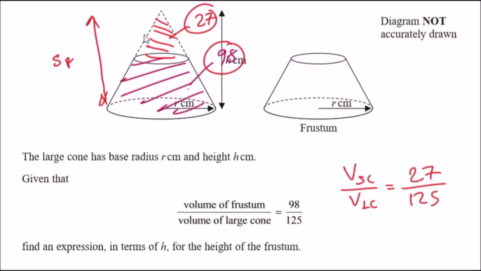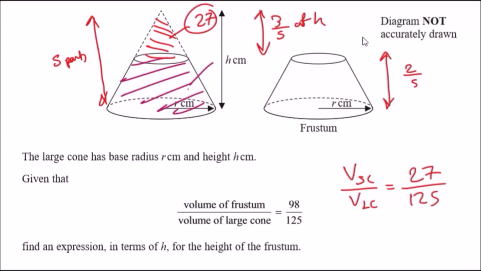Now, if you look at the variable, we called it h here. This means if the whole thing is h, the height of this part is 3/5 of h. Makes sense? So this is 3/5 of h, meaning the frustum, the remainder bit, is 2/5 of h.